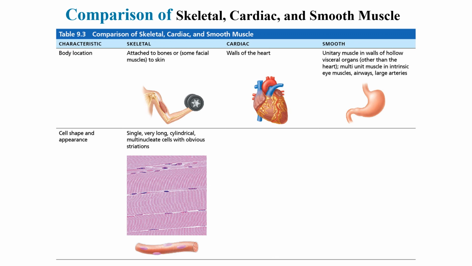So we want a continuous, smooth, unidirectional contraction in any given muscle group. And so how skeletal muscle cells have solved that is they've fused together, and that's why they're multinucleate. And that's why they're really, really big and long, because they have fused to form this long, gigantic cell.